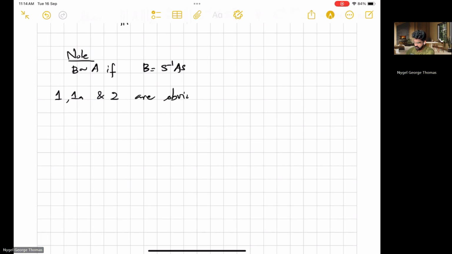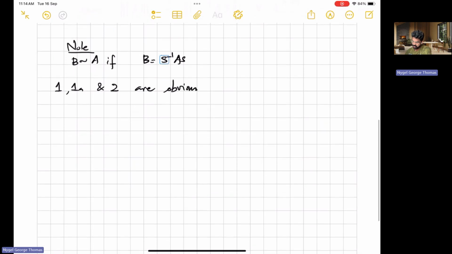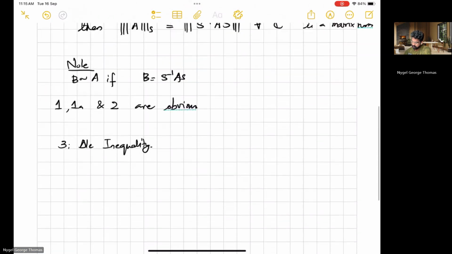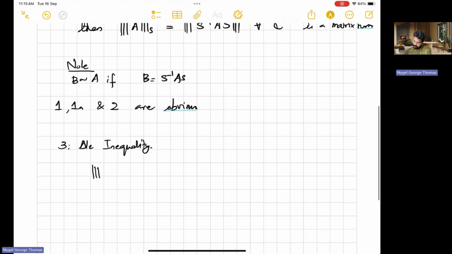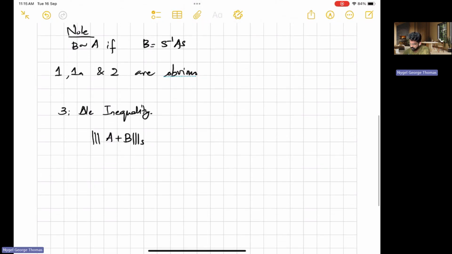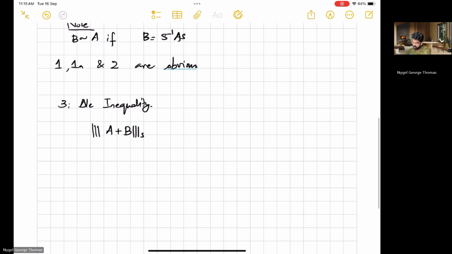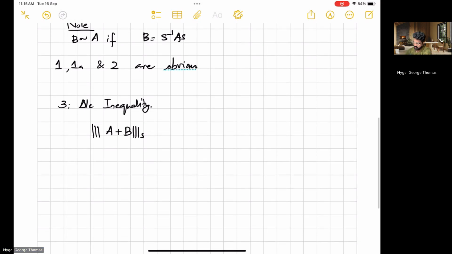I'm skipping properties 1 and 2, which are obvious and easy to prove. Let's prove the triangle inequality, property 3. So what does it say? We have the S norm of A plus B. What is it?